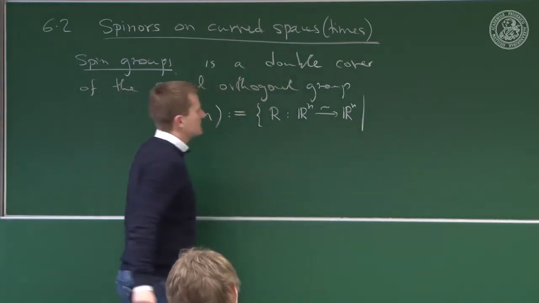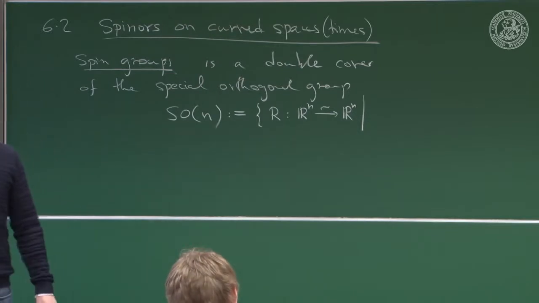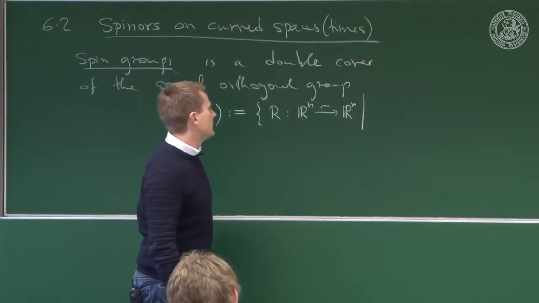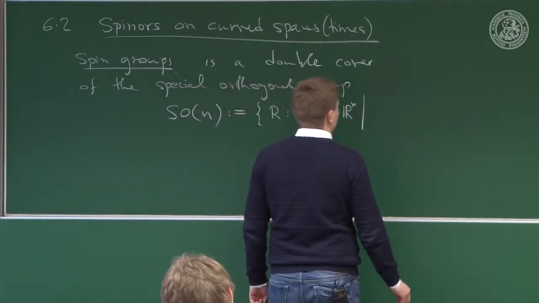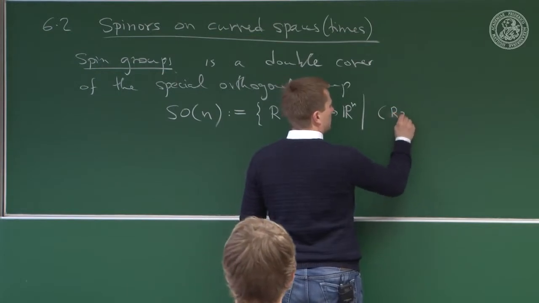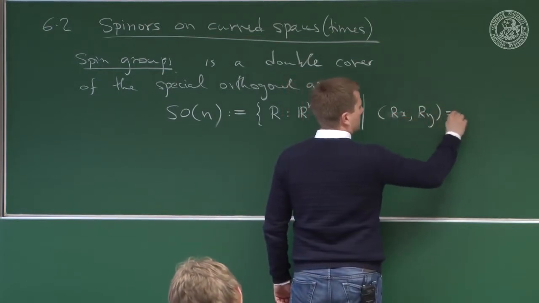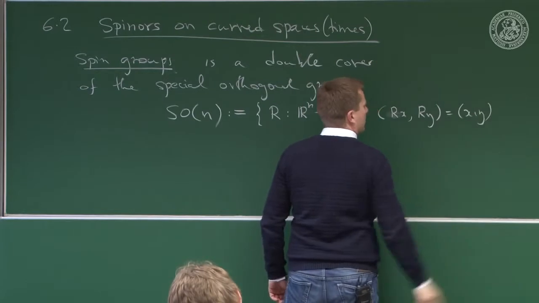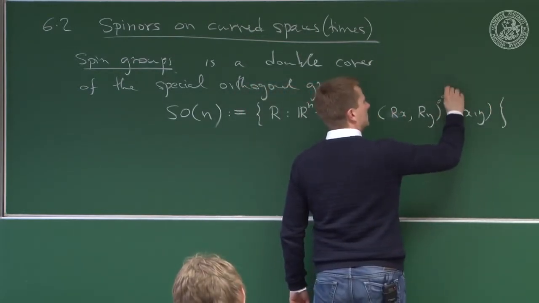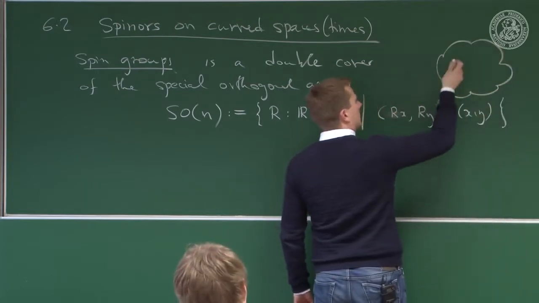Because if we're just on a vector space R^n, we can always use Sylvester's theorem, and if it's a positive definite inner product, we could equally well take the standard inner product. So that is if <x, y> equals xy is kept constant, and this is the standard inner product on R^n.